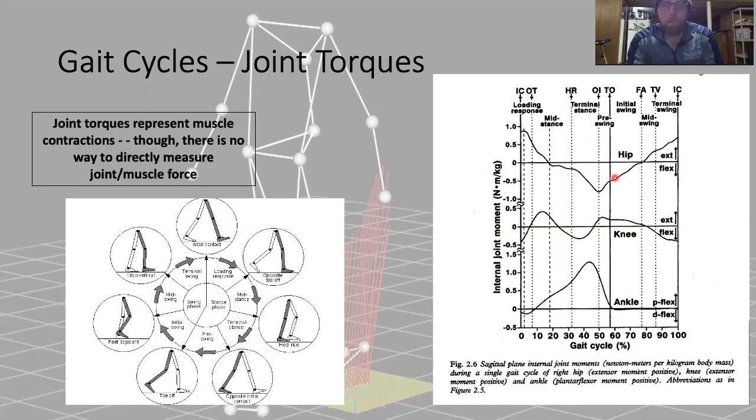So if there is a big flexion moment during hip extension, what's happening is, if I'm walking over this leg and going into toe off and really squeezing my butt hard to get to that toe off, there's a big torque in my hip flexor.